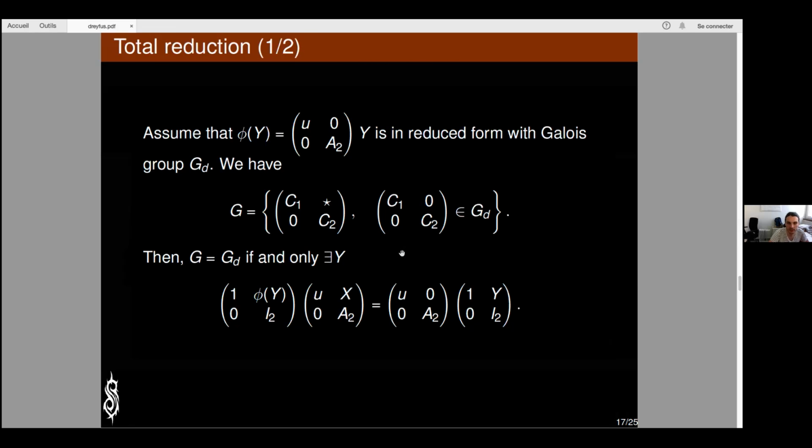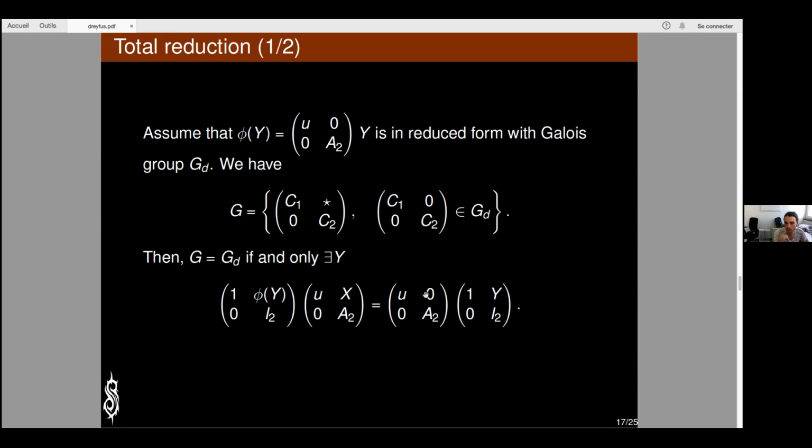And in that situation, we can make the computation. So this matrix on the left is T. So phi of T times the matrix times T^-1 should be equal to a point of GD.